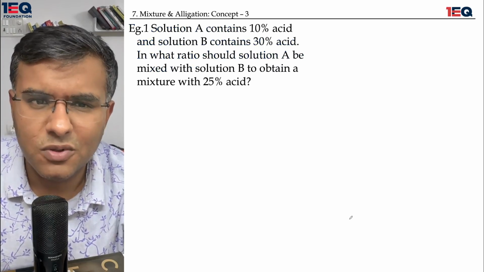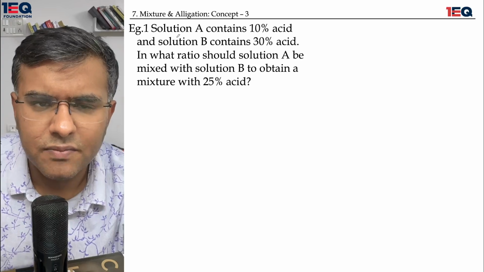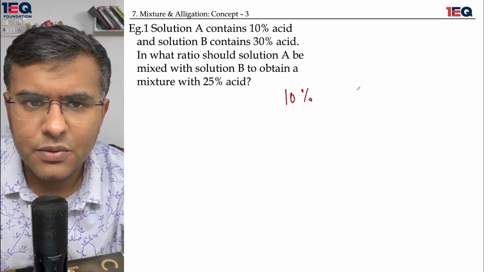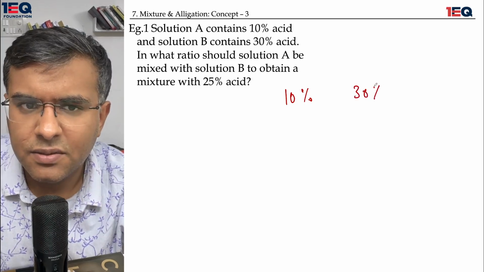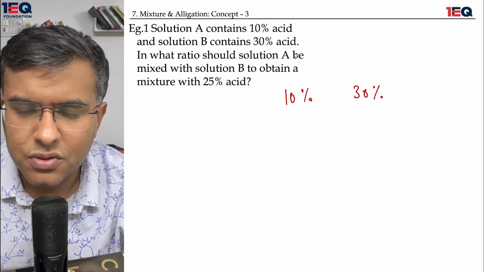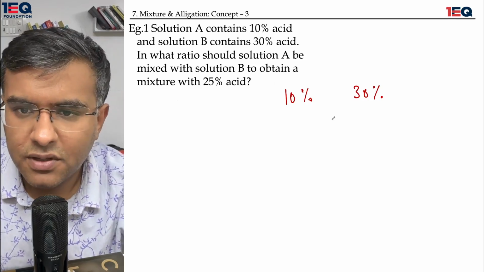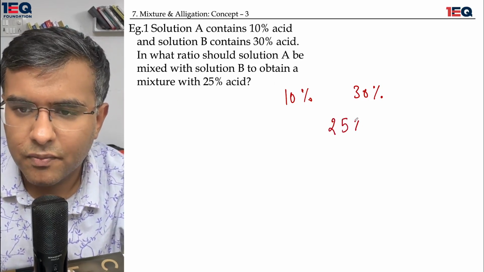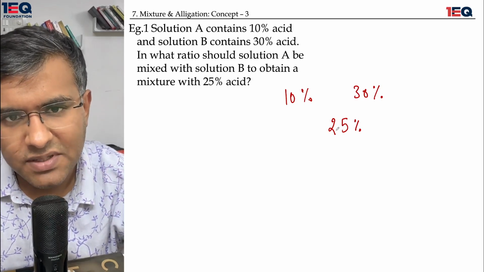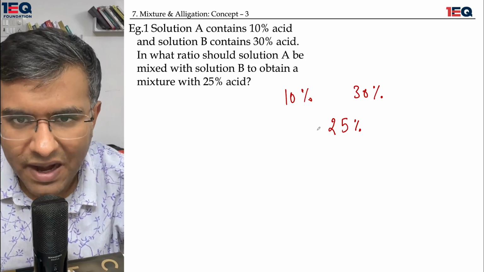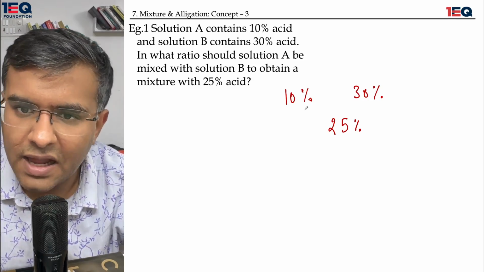This is almost very similar to the one which we did in the past. Solution A contains 10% acid. Solution B contains 30% acid. In what ratio should solution A be mixed with solution B to obtain a mixture with 25% acid? When three very much comparable quantities are mentioned, you can always, without batting a single eyelid, take alligation's route.